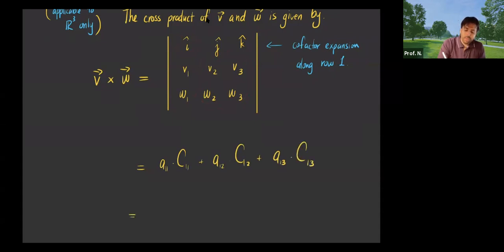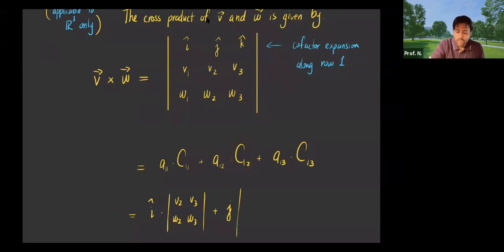What is A11? That's i. What's C11? That's the determinant of V2, V3, W2, W3. And then plus, what is A12? A12 is j. Now this is times the C12, right? This is the cofactor C12.